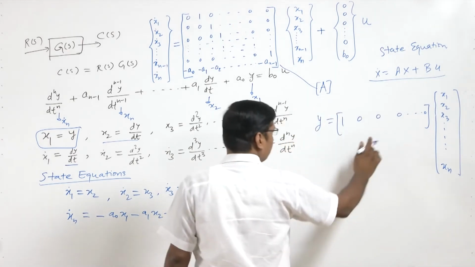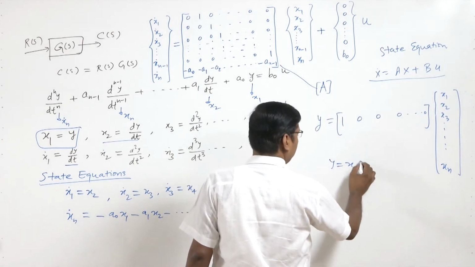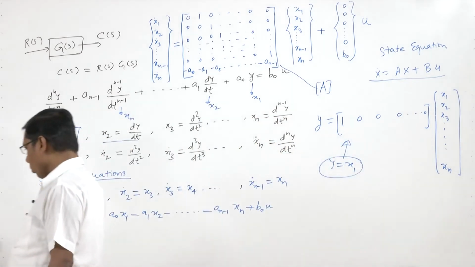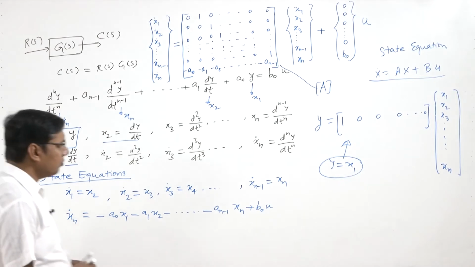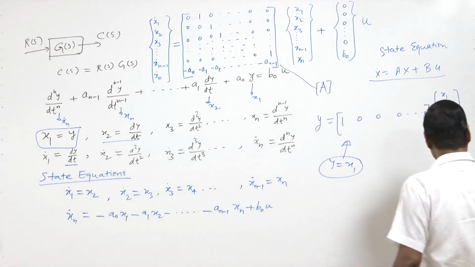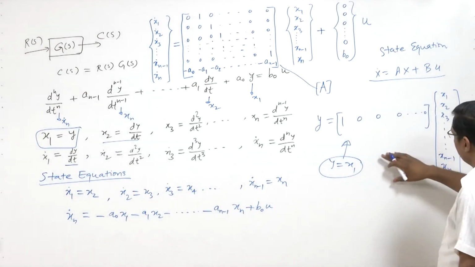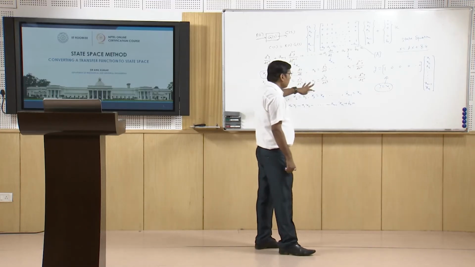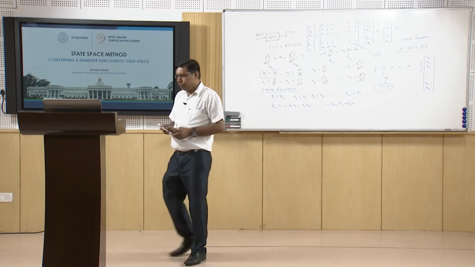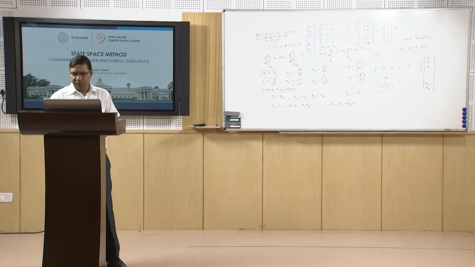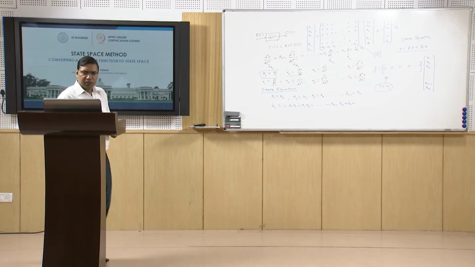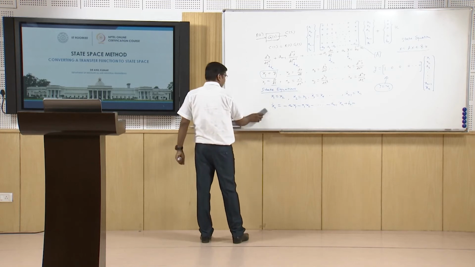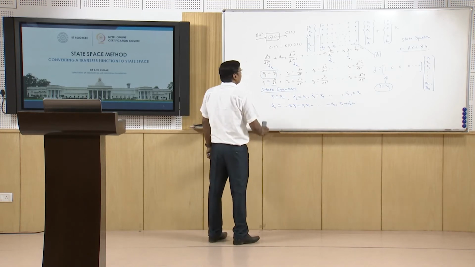So this gives us in fact y equal to x1. So the same equation we have written as the output equation in this form. So this is how, if we have a transfer function, we can write it as a state equation and output equation. Now we will take one example.